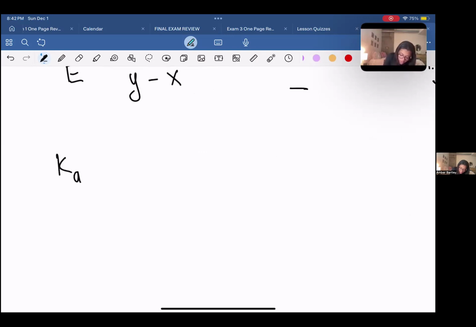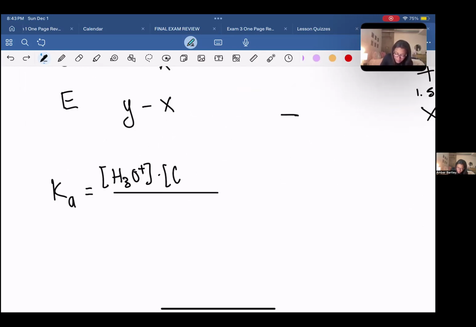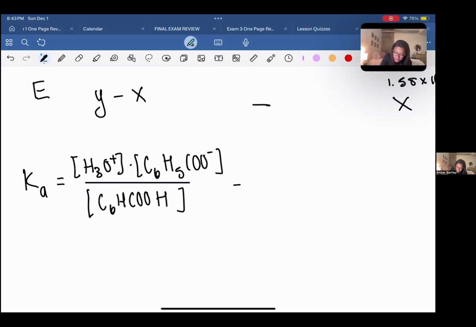So we can go ahead and set up our Ka expression. Ka is going to be equal to the H3O plus times the conjugate base over the acid.